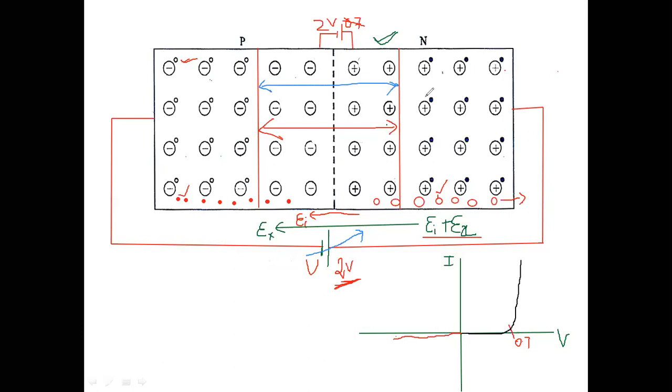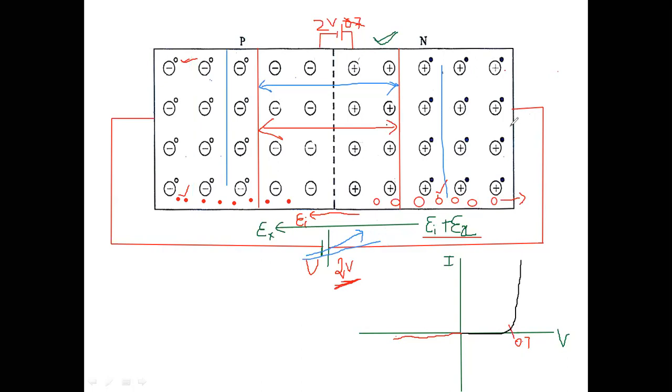But in a normal PN diode, if I increase the reverse bias voltage, this junction width also increases. If I increase the voltage much more, the junction width increases, and eventually the whole PN diode becomes junction.